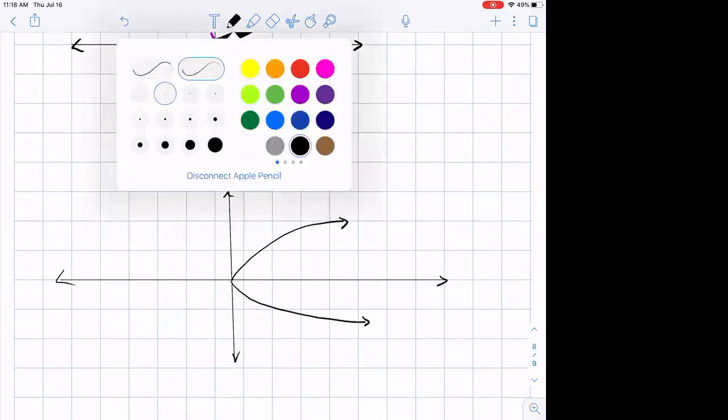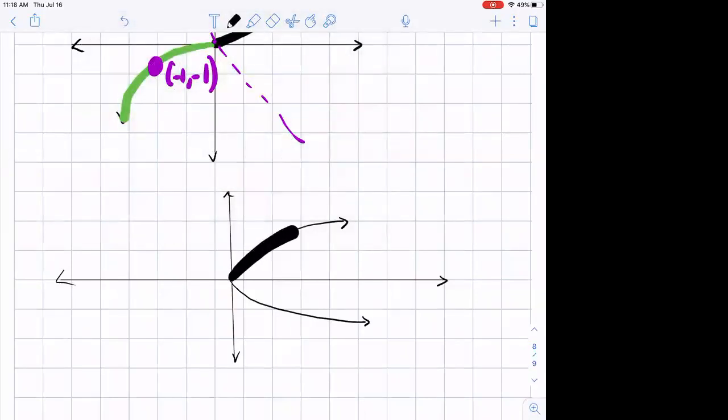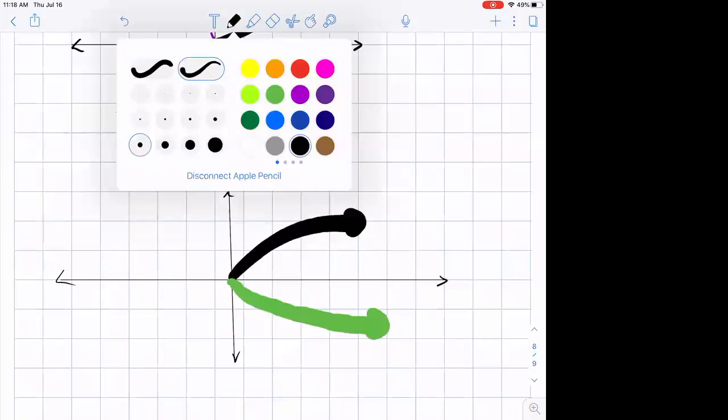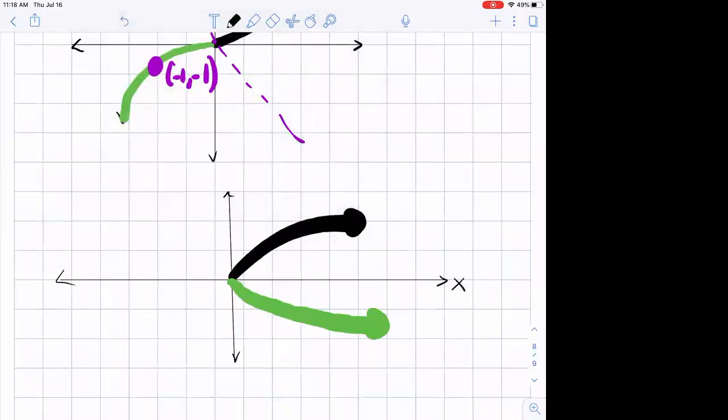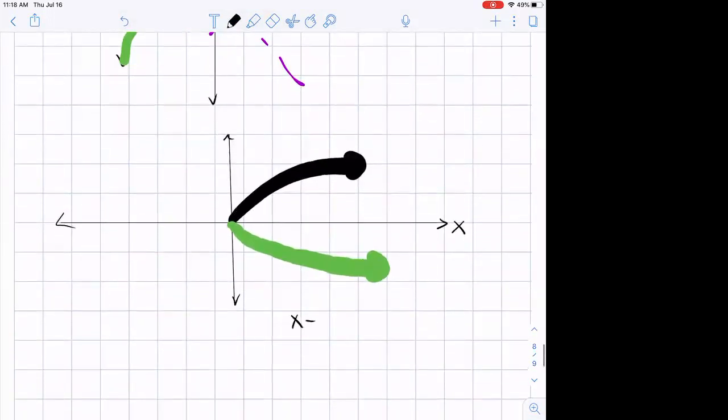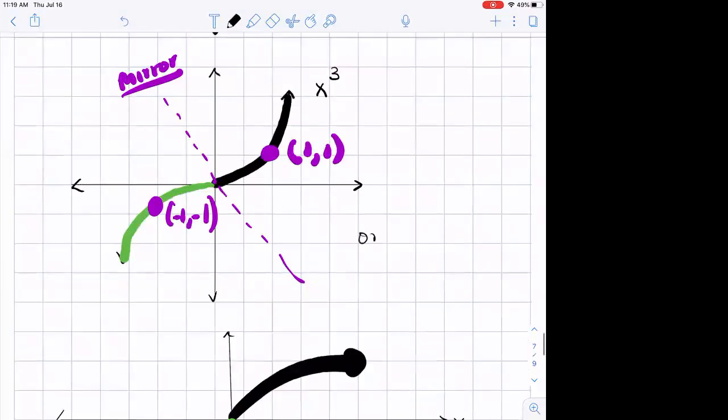You will notice for this graph, this side here looks very similar to this side here, and now this is reflected on the x-axis. So this one has x-axis symmetry. This one had origin symmetry.